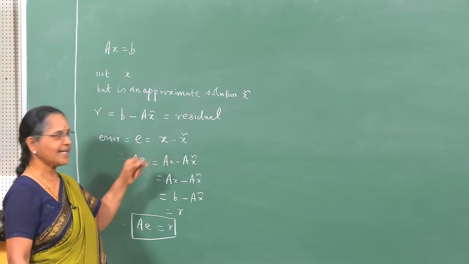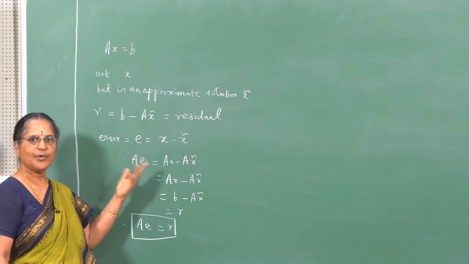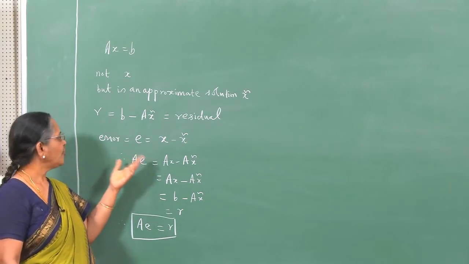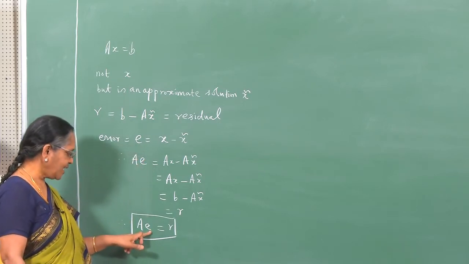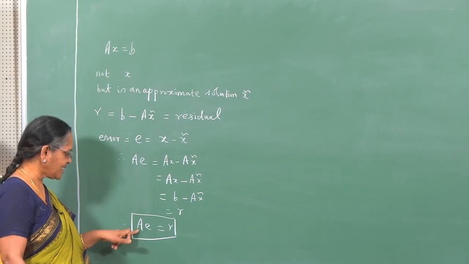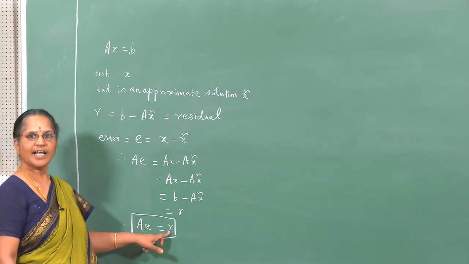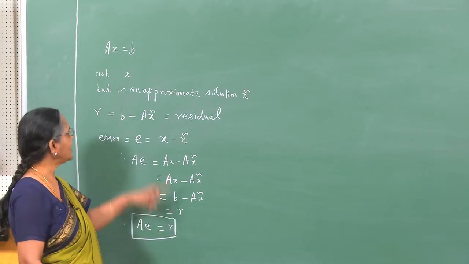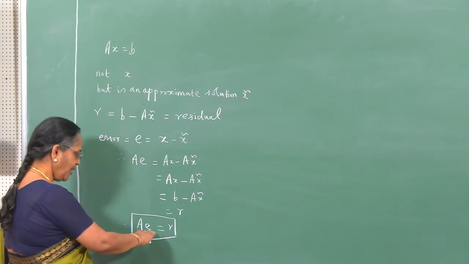E is x minus x tilde. x is not known to us, it is the exact solution. That is what we are trying to obtain. So, E is an unknown vector, and we solve the system A E is equal to R. Do we know the right hand side vector R at this step? Yes. What is it? It is b minus A into x tilde. So, we solve this system.